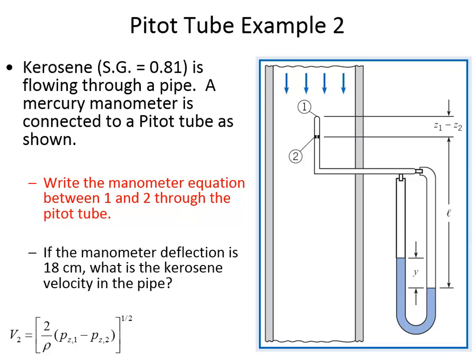Okay, so we'll substitute all of those values into the equation that we've derived for the pitot tube here. So it's 2 divided by 810 kilograms per cubic meter, multiplied by 0.18 meters. That's the measured deflection at y. And then the difference in the unit weights.